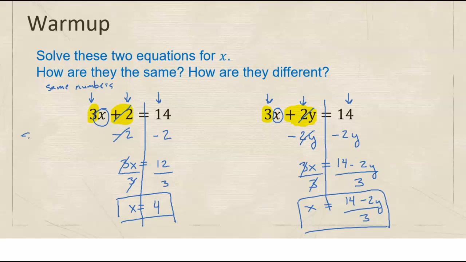Let's see, we had a subtract step right here. Subtract 2, subtract 2y. So the only difference there is that there was a y. And then down here we have the same step as well. We had a divide by 3.